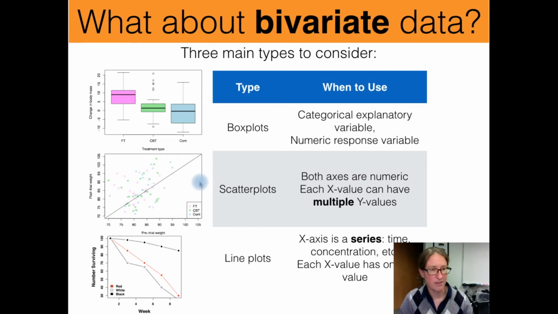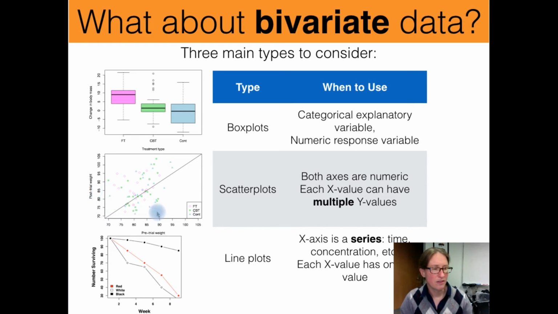So scatter plots become really useful when you have two variables that are both numeric continuous. So here I've got the participant weight before the trial and the participant weight after the trial shown in a scatter plot. So both of those mass measurements are continuous, and we have each measurement for each participant.